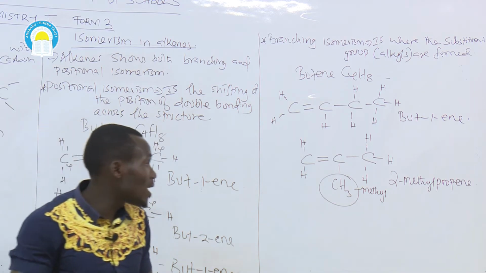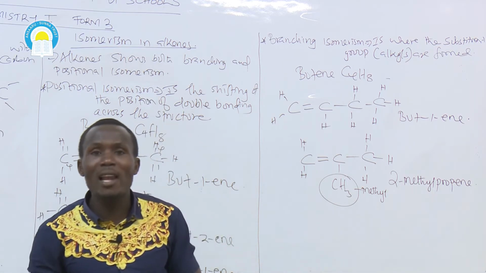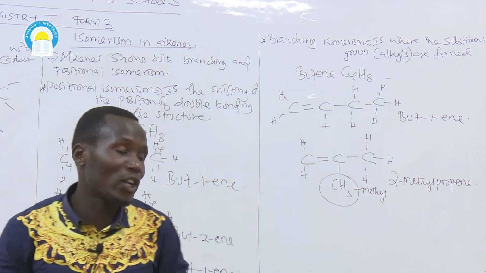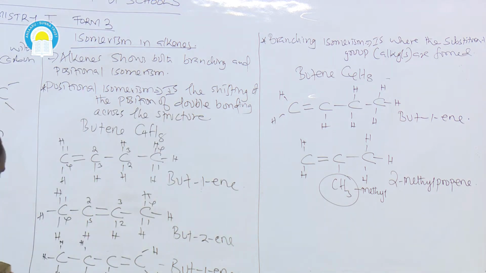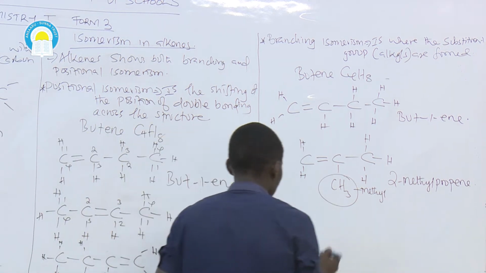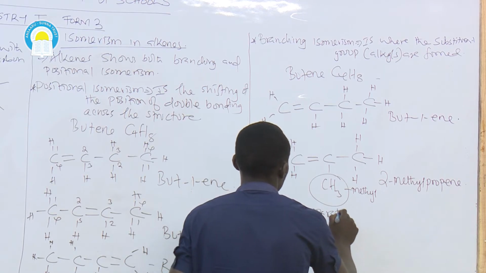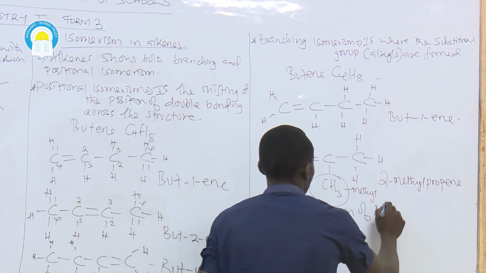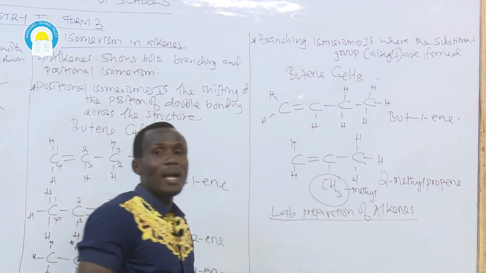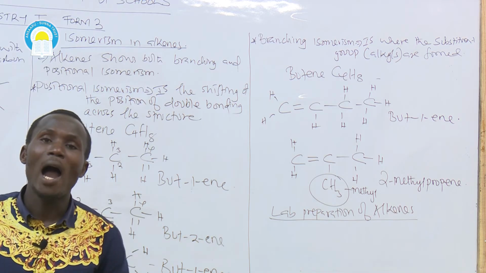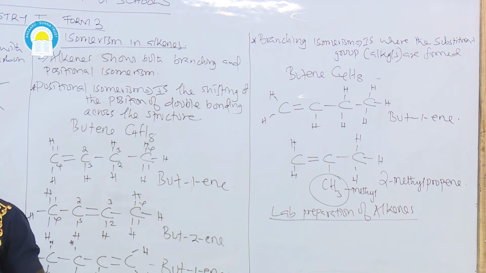Now the next part under alkenes is how we can prepare alkenes in the lab. Lab preparation of alkenes. Alkenes are prepared in the lab through dehydration of alkanols.